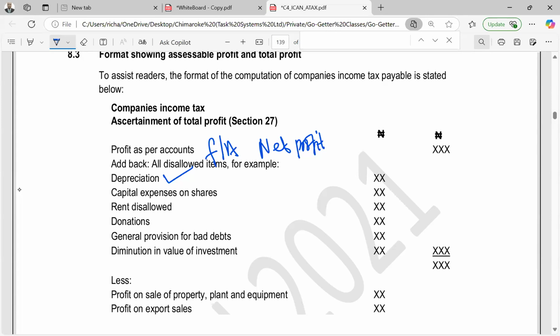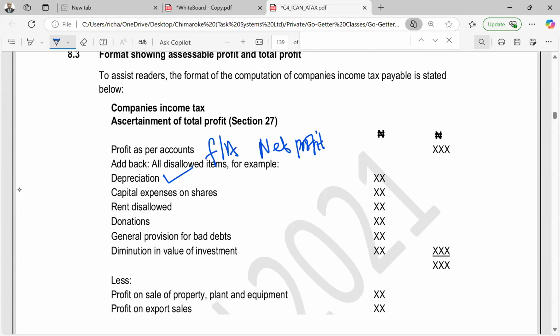Maybe you are preparing a drainage. A drainage is a capital expense. You are making an expense that is not a recurrent expenditure. This is something that is capital in nature. And so those items stand to be depreciated if they are fixed assets, and if they are intangible assets, they stand to be amortized. Now, those things are capital expenses.